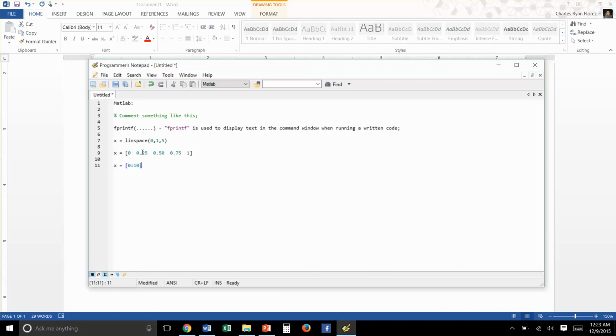So right here we have 1, 2, 3, 4, and 5 numbers in this matrix. The ending value is 1, which is what I have here, and the beginning value is 0, which is what I have here. So that's what linspace does.